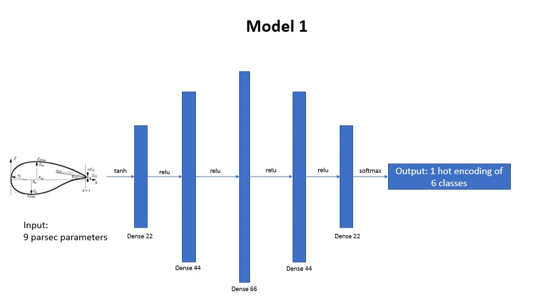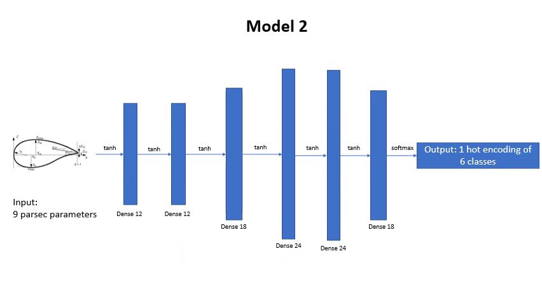We present 2 models for our neural networks. The first of these models is comprised of 5 dense hidden layers. The first model is composed of fewer hidden layers, but each layer consists of more neurons in each hidden layer. In contrast, the second model has more hidden layers, but with fewer neurons within each hidden layer.